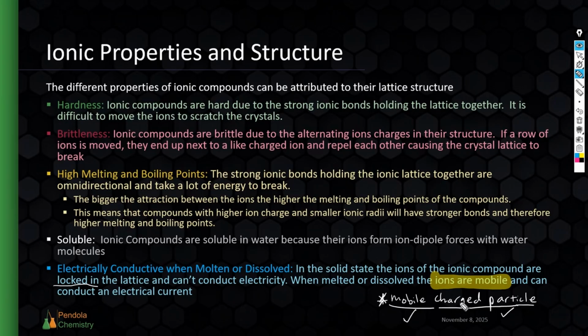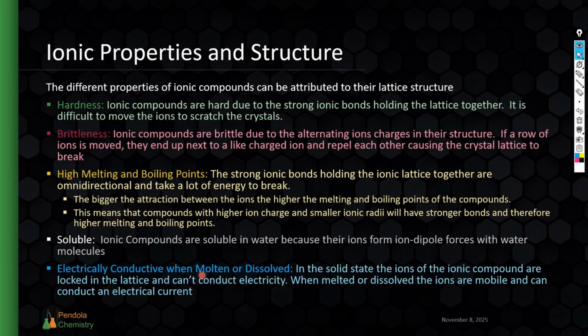That's the easiest way to explain electrical conductivity: we need a charged particle that is mobile, and in melted or dissolved ionic compounds, that will be those ions that are free to move around. But in the solid state, they're locked into place in the lattice, and so they are not mobile, and therefore cannot conduct electricity.